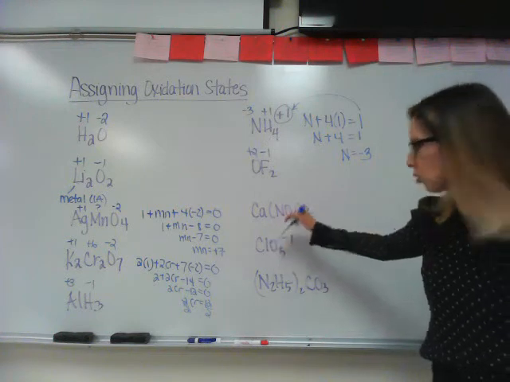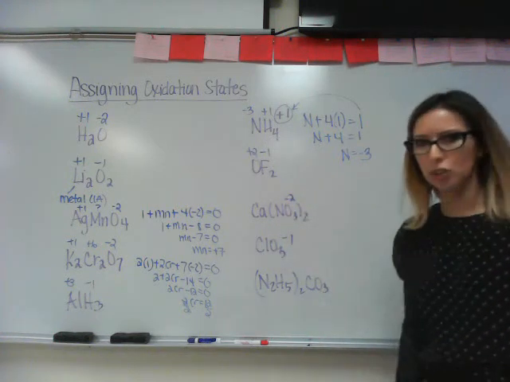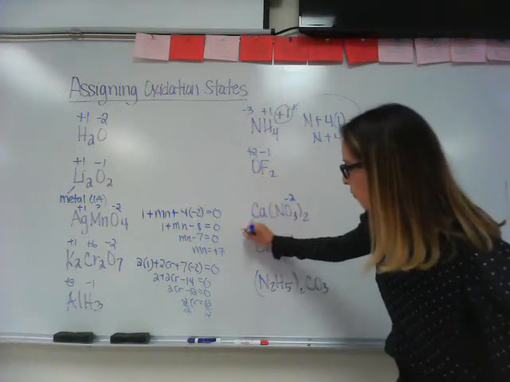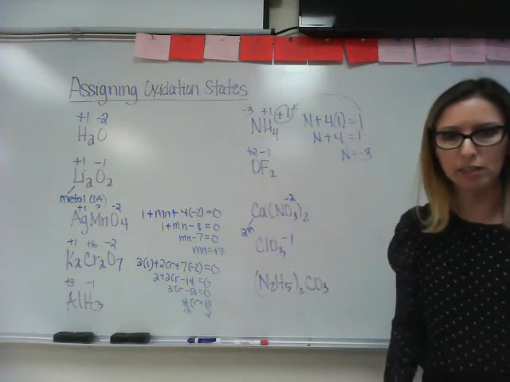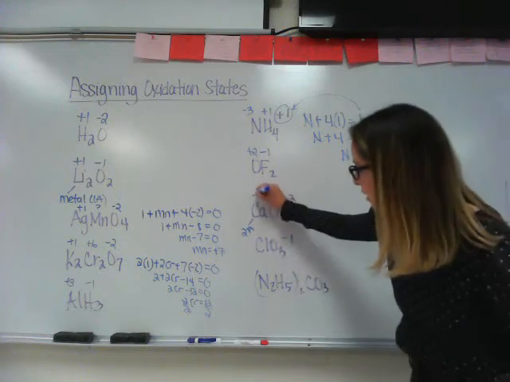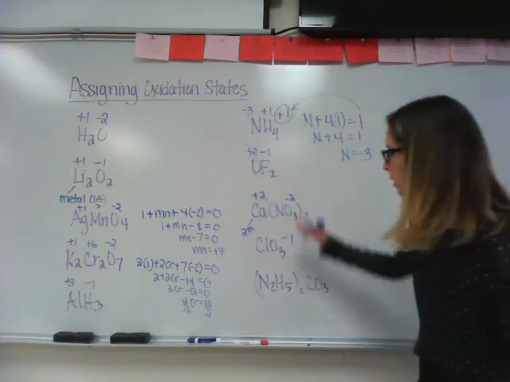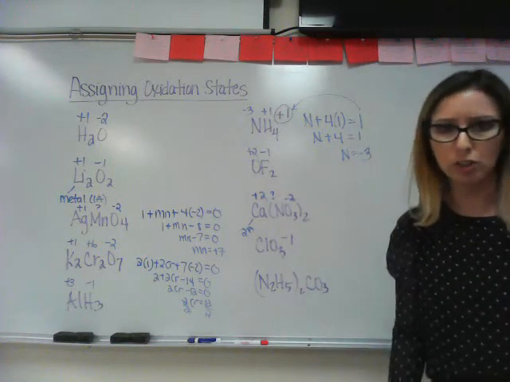For CaNO3 2, assign the oxygen its usual charge, which is a -2. And then since calcium is a group 2A metal, it is safe to assume that its oxidation number is the same as its charge, which is a +2. Okay? We need to figure out what nitrogen is.